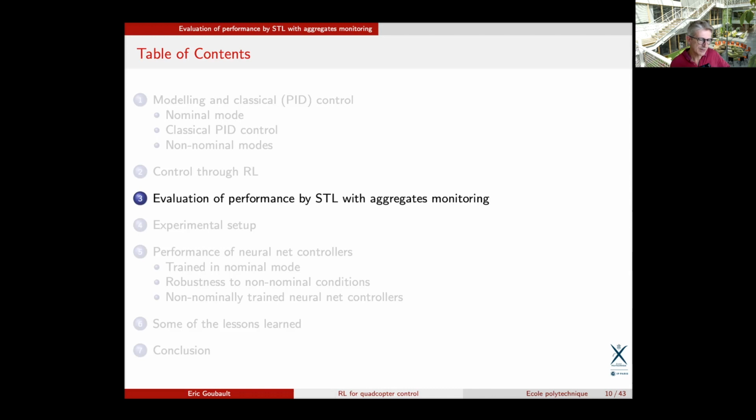And one of the novelties of this paper is to propose some sort of formal specification of this evaluation process.